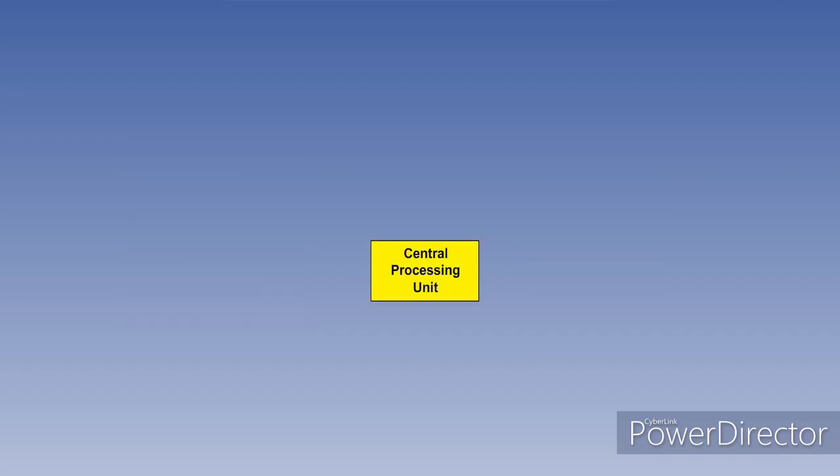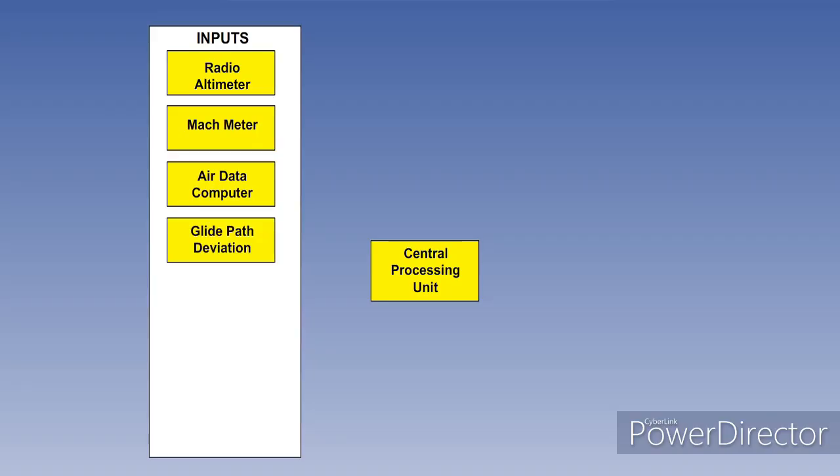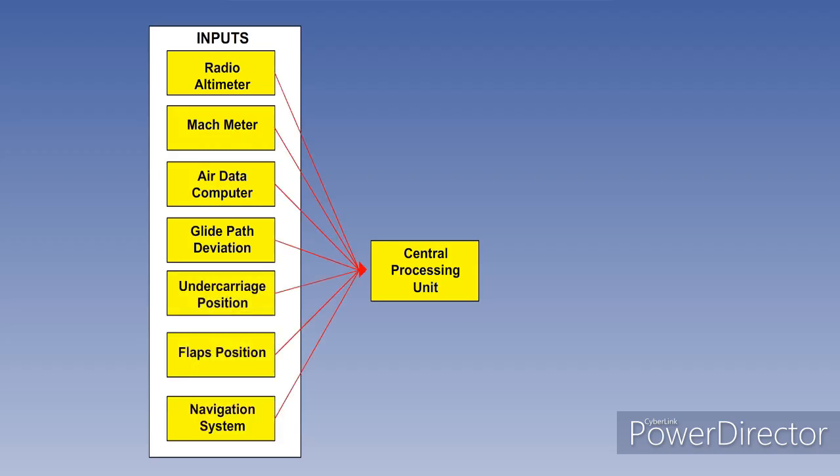We will now look at the components in a typical GPWS EGPWS system, and we start with the brains of the system in the central processing unit. Into the central processing unit are various inputs from the radio altimeter for actual height above the ground, Mach meter, air data computer for all the barometric information, glide path deviation, undercarriage and flap positions, and finally, input from the navigation system.